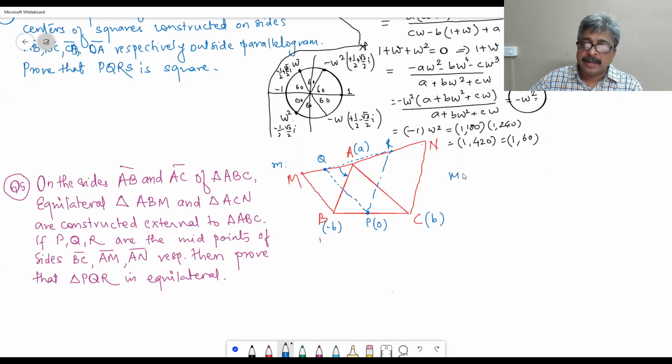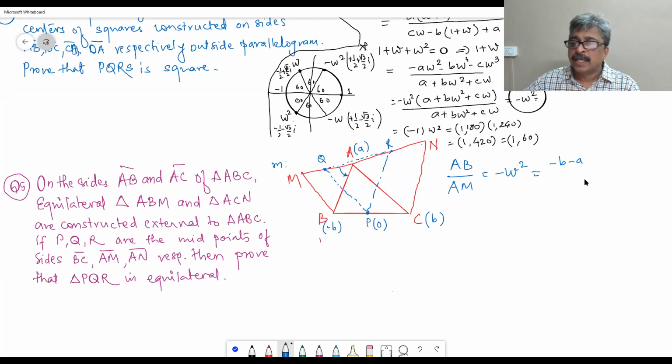Therefore AM becomes AB, which is minus omega square, which is equal to B minus A, or minus B minus A. It will not be symmetric because we are taking some non-symmetric complex numbers, but we will work it out, not going to be very difficult.